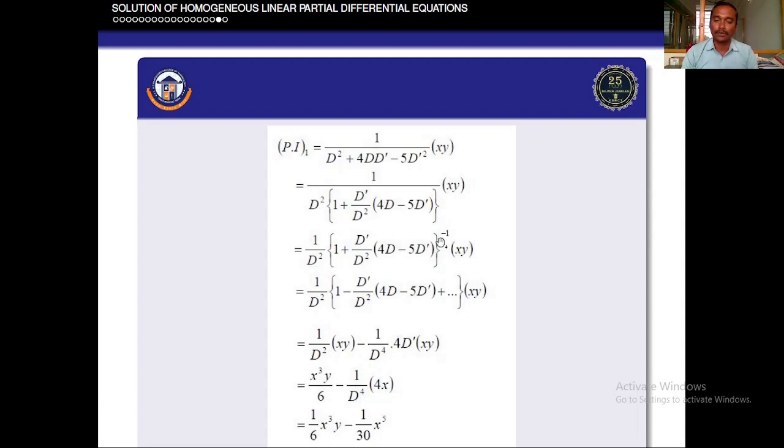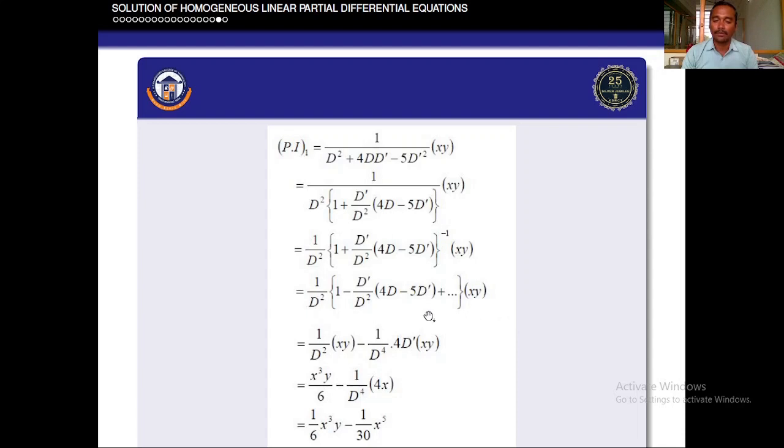The expansion of (1 + x) to the power −1 is 1 − x + x² − etc. Here x is equivalent to D'/D² (4D − 5D'). So this is the first term 1, then −x plus x², etc. There are infinitely many terms in this series, but only some have values. The remaining values are 0.